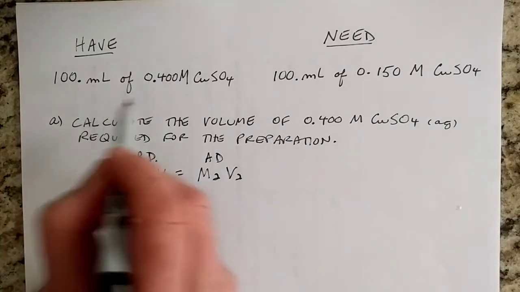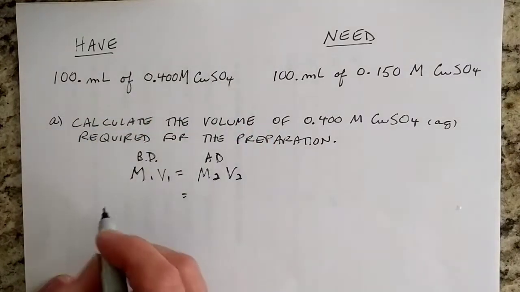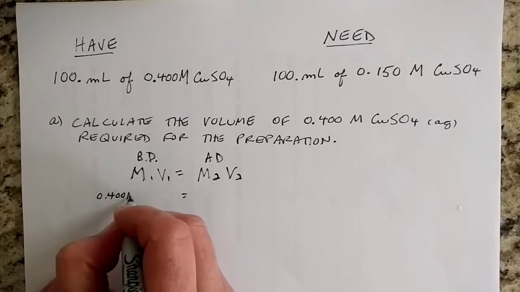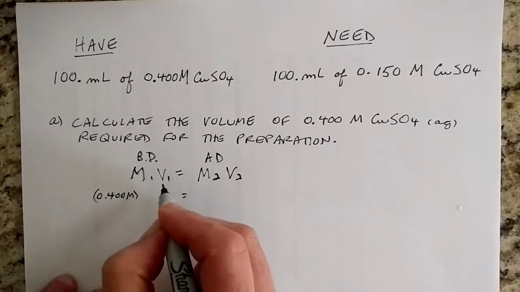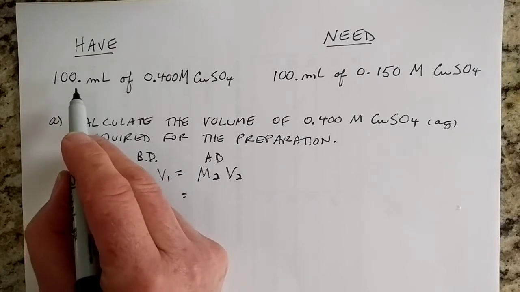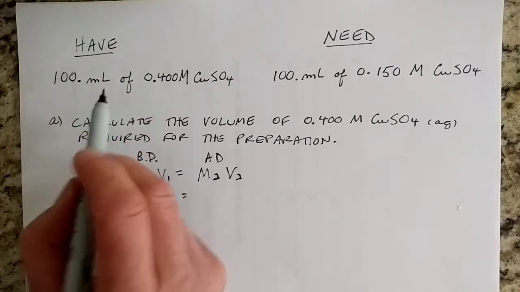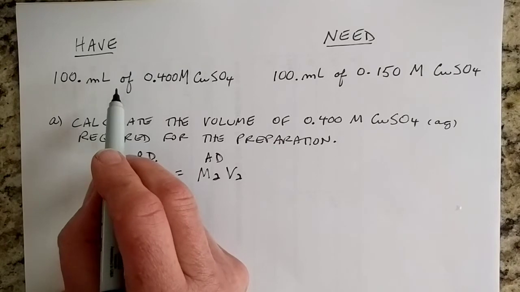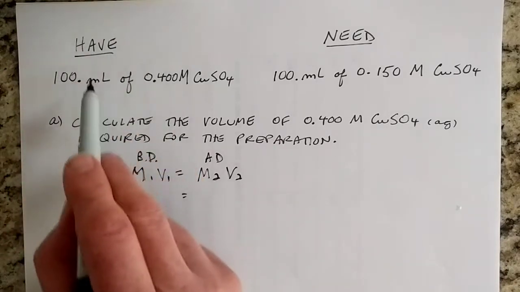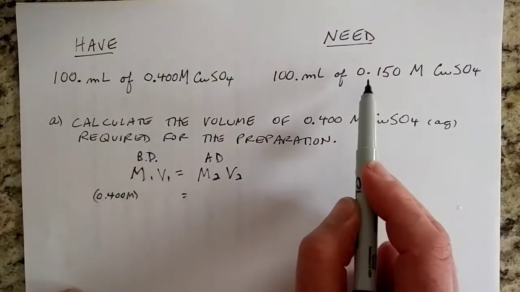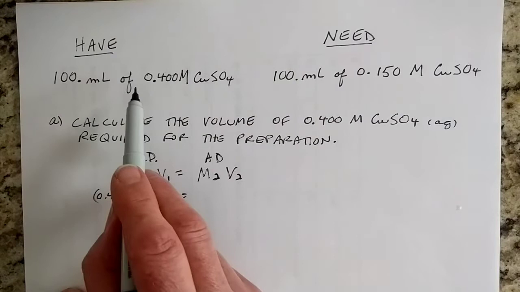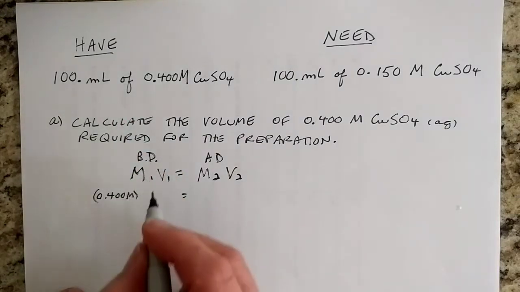So before dilution, we're using this solution, so our molarity is 0.400 molar. The volume before dilution, you might be tempted to put in 100 milliliters, but that is not what you need. This is just what you have. We're going to use some of this to make 100 milliliters of this. The volume that we are going to use is what we're looking for.